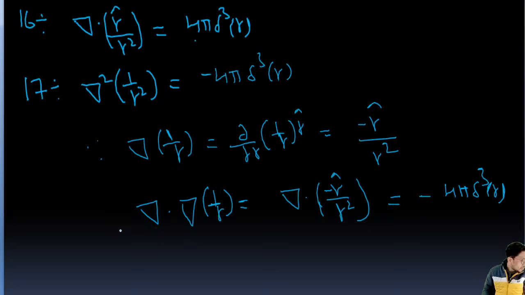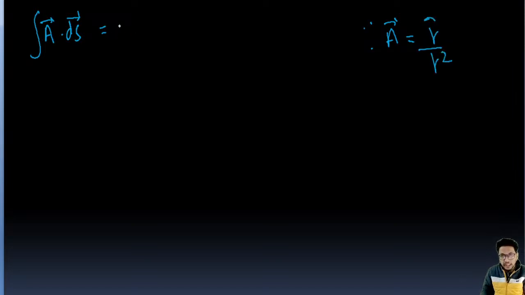Okay, so here now we'll solve this. The last time we solved the integral of A dot dS, where vector A is r cap upon r square, so it is the integration of r cap upon r square dot dS. I did this in the last class, and we got the value 4 pi.